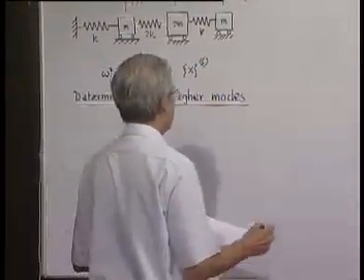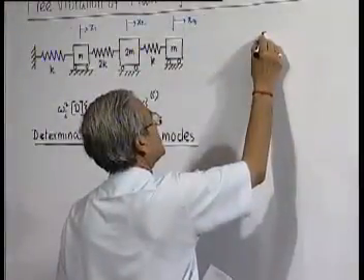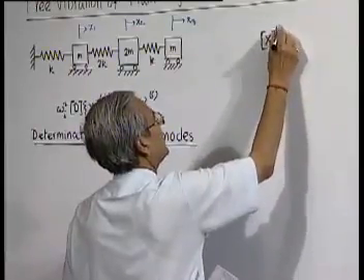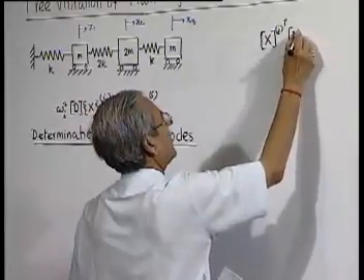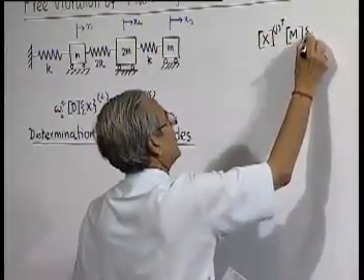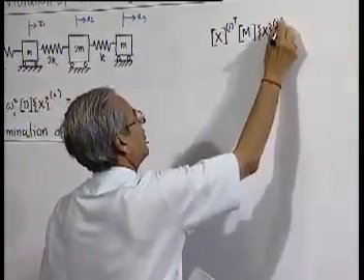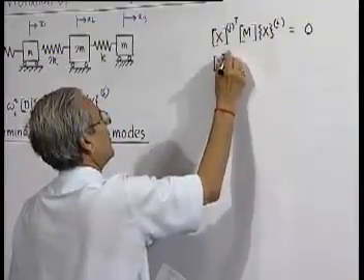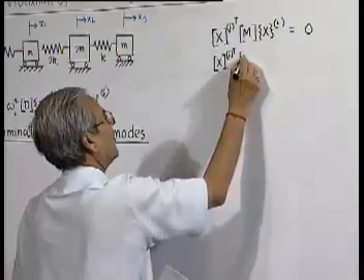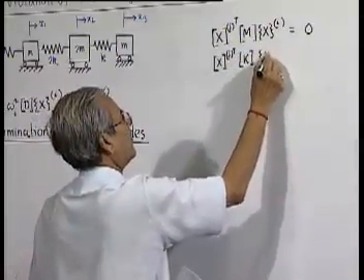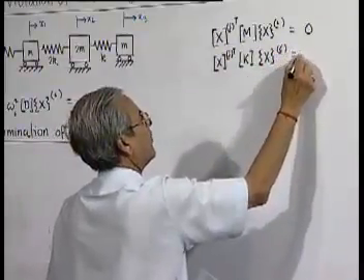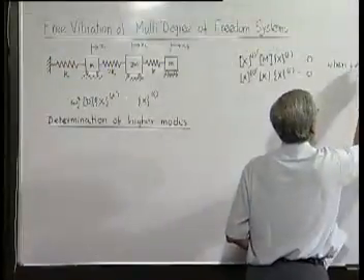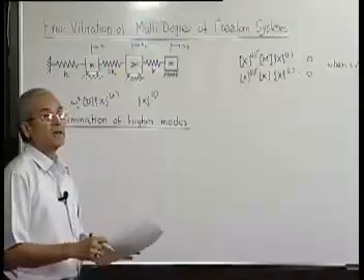To determine the higher modes, we will take this approach. First, let us keep in mind the very important conditions which we derived. These are the orthogonality of normal modes.